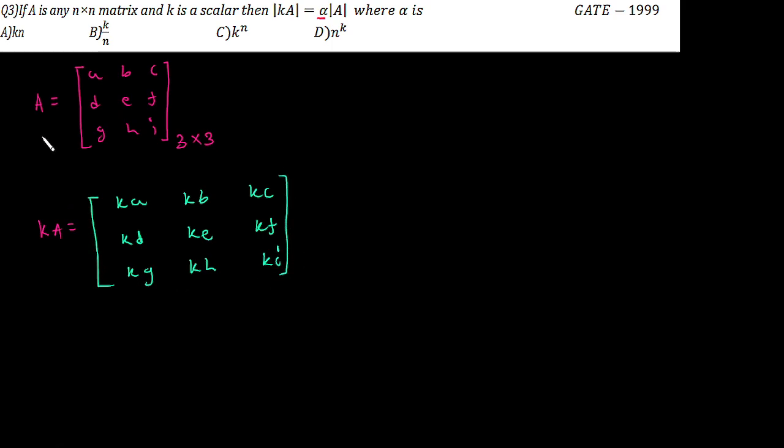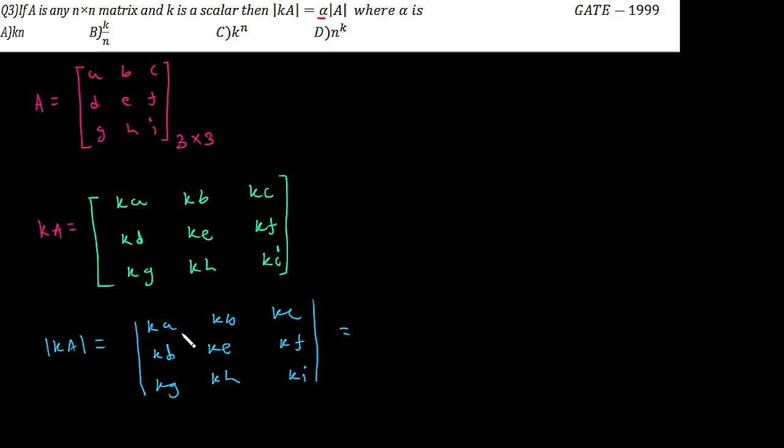Now we have to take the determinant of KA. So let's write the determinant of KA, with the entries Ka, Kb and Kc, and the remaining entries written as they are.